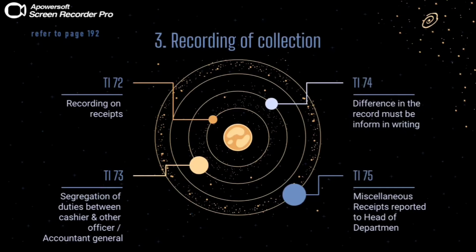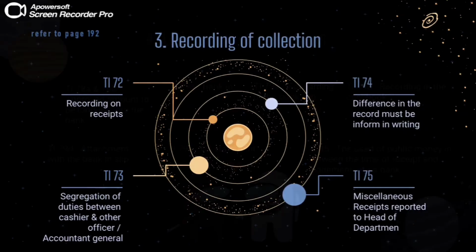And then TI-75 is about miscellaneous receipts reported to the head of department, where any surplus found in balancing the books with the actual cash received must be credited to government revenue under miscellaneous receipts, and this matter must be reported to the head of department.